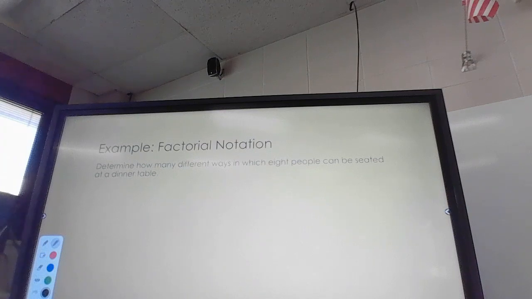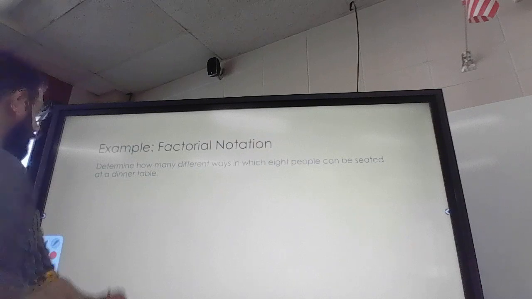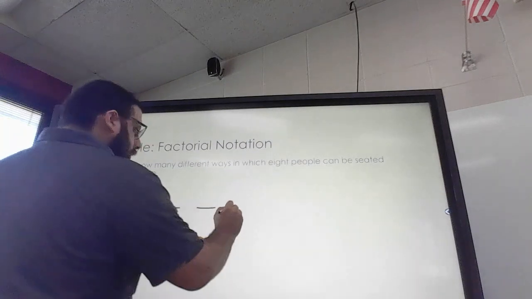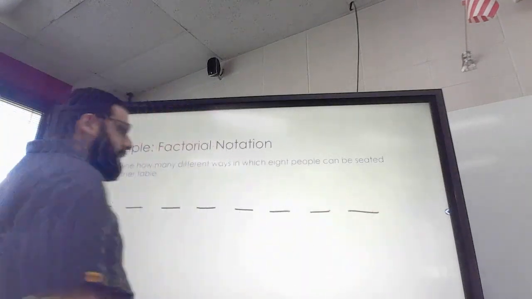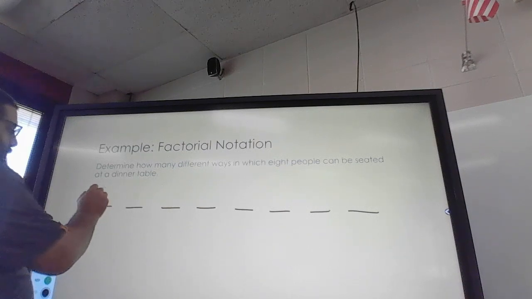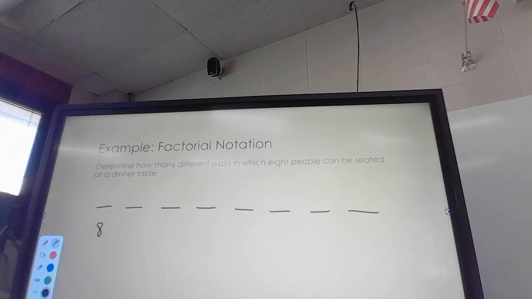So we use factorials to determine how many different ways in which 8 people can be seated at a dinner table, right? You can just draw it out. So if we have 1, 2, 3, 4, 5, 6, 7, 8 people that we're seating in 8 spots, when I choose the first person, I have 8 total people that I can choose from.